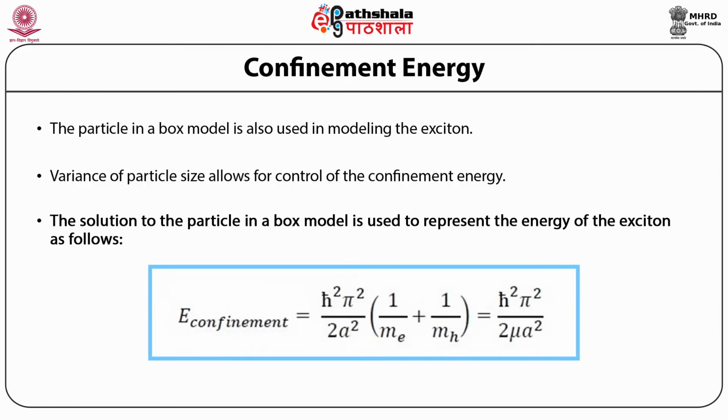So it is represented as E_confinement = (ħ²π²/2a²)(1/m_e + 1/m_h), which in turn equals ħ²π²/(2μa²), where m_e is the mass of the electron, m_h is the mass of the hole, and μ is the reduced mass.